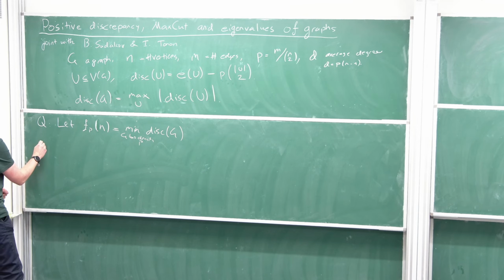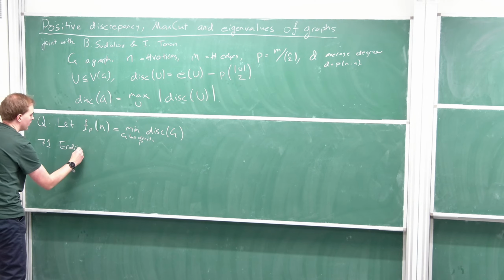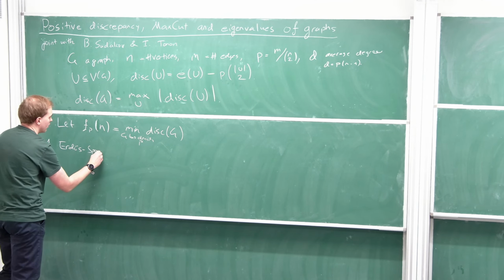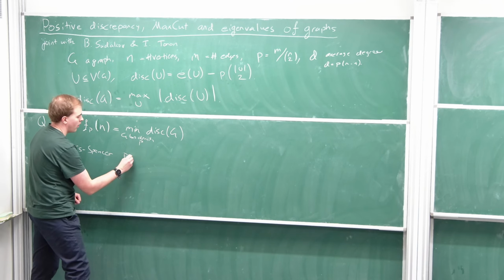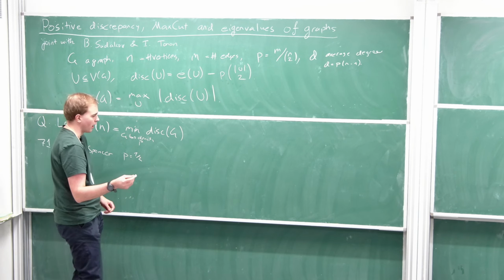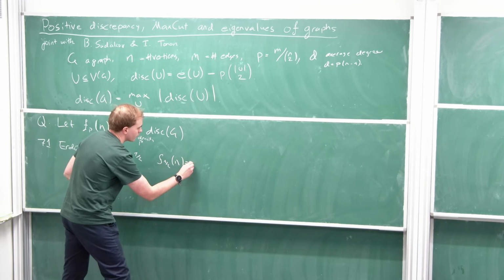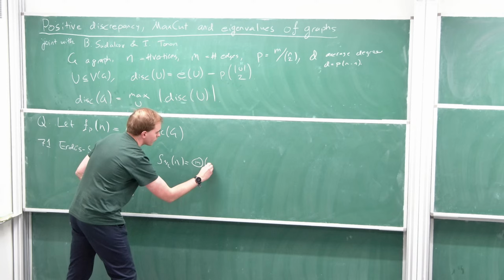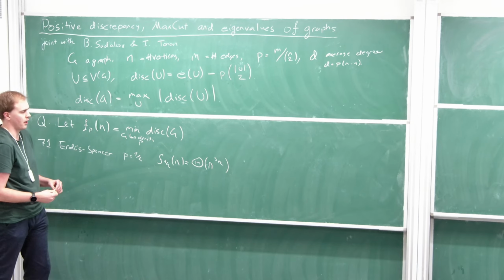In 1971, Erdős and Spencer proved that when p equals half, this is more or less n to the 3/2.